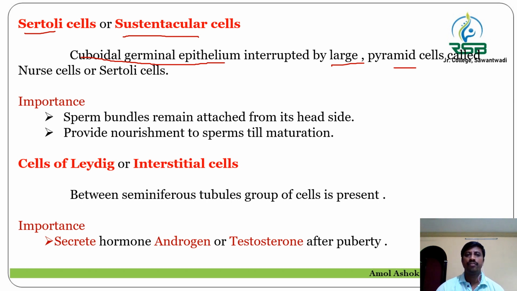What is the importance of the Sertoli cell? The sperm bundles remain attached from the side of their head, and this Sertoli cell provides nourishment to the sperm till maturation.